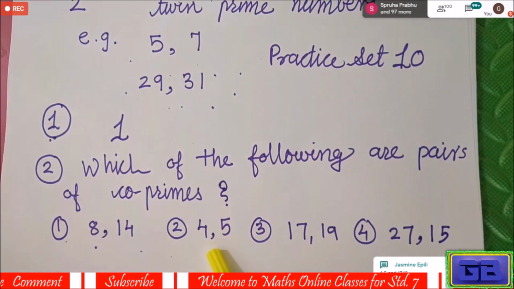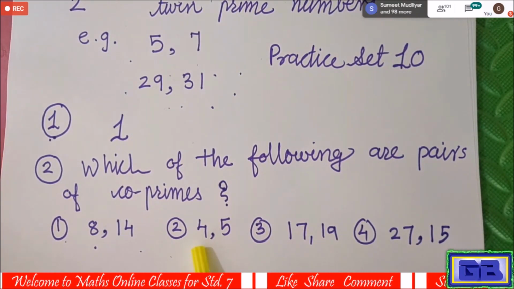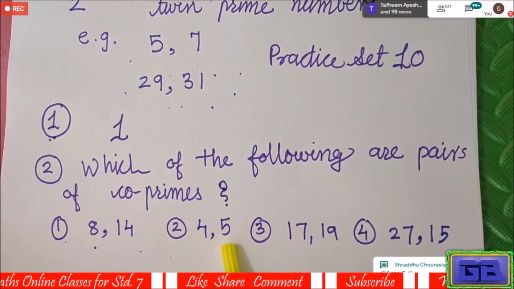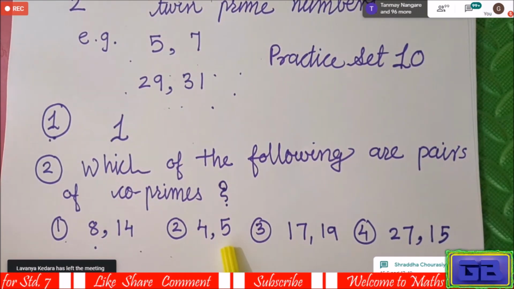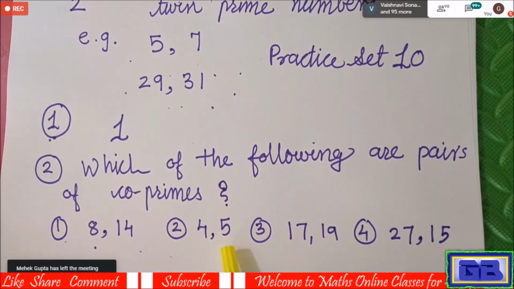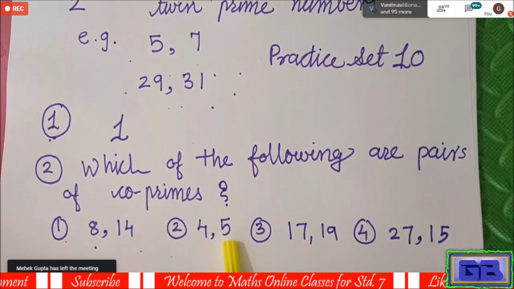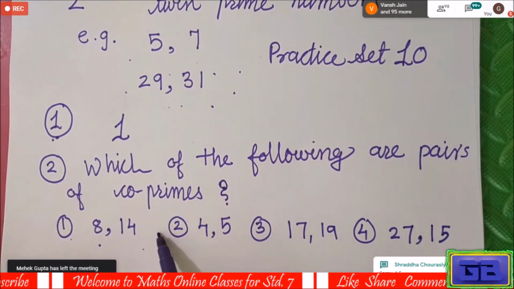Second example, 4, 5. Factors of 4: 1, 2, 4. Factors of 5: 1, 5. It means both numbers have only 1 as a common factor. Therefore, this pair is coprime.